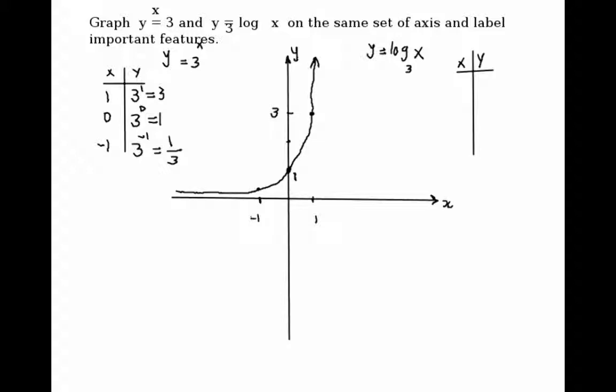To graph y is equal to log of x, let's take a look at some of the properties. If I have log of x equal to y, we need to know how to convert that into exponential. Anybody know how to do that? Those of you who are watching this lecture, remember how to convert log of x equal to y into exponential.